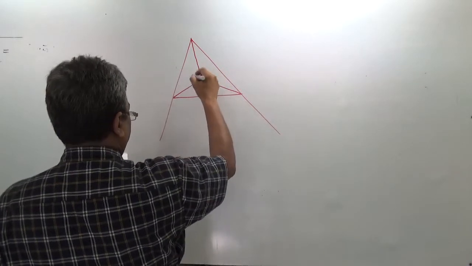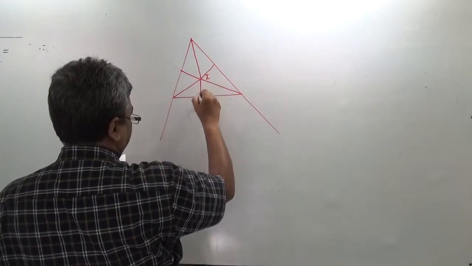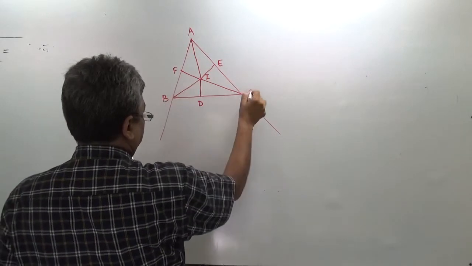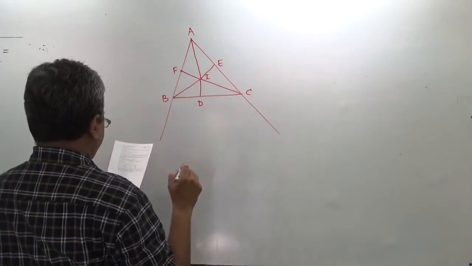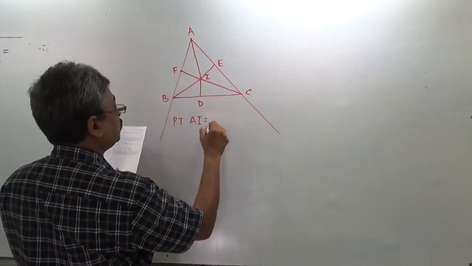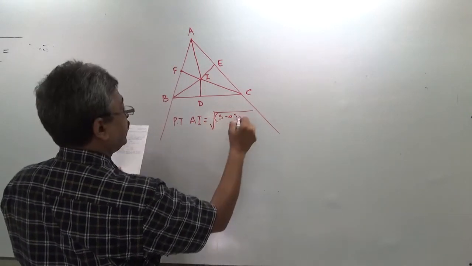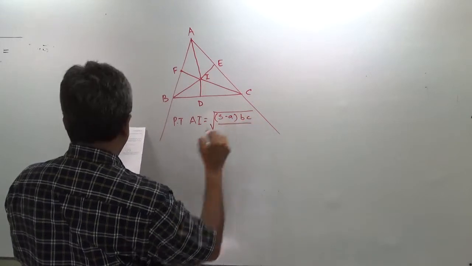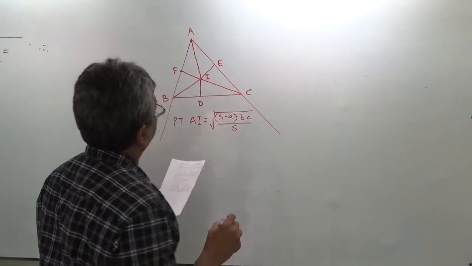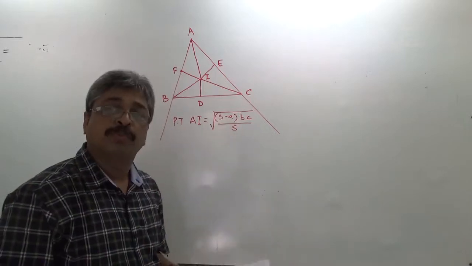This is incenter I. We drop perpendiculars from I onto the sides; those are D, E and F. This is A, B, C. And then prove that distance AI is equal to the square root of (s minus a) into bc divided by s. That is the requirement. Now, with respect to this diagram, we are supposed to prove this.